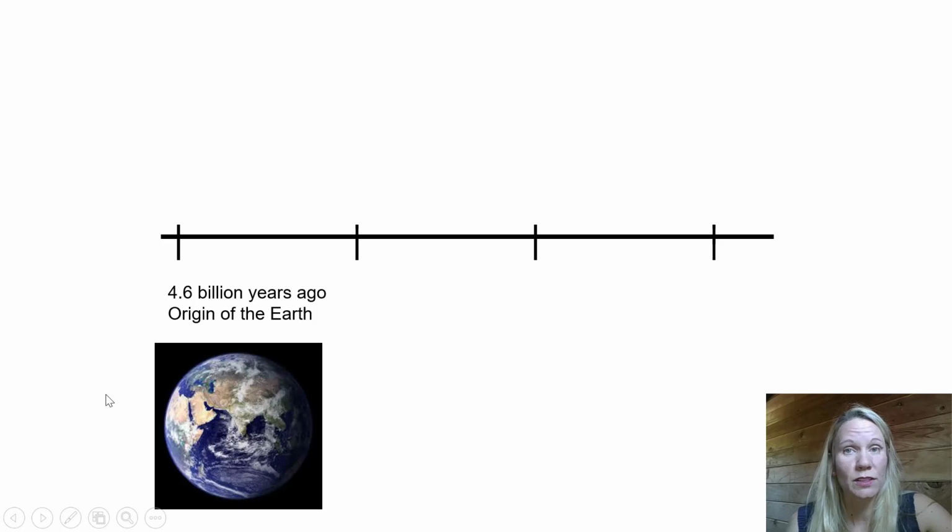In fact, there was no oxygen in the early atmosphere of Earth, although there were lots of volcanic eruptions, and based on fossil evidence, scientists believe that the early atmosphere of Earth was primarily carbon dioxide, nitrogen gas, and methane gas.